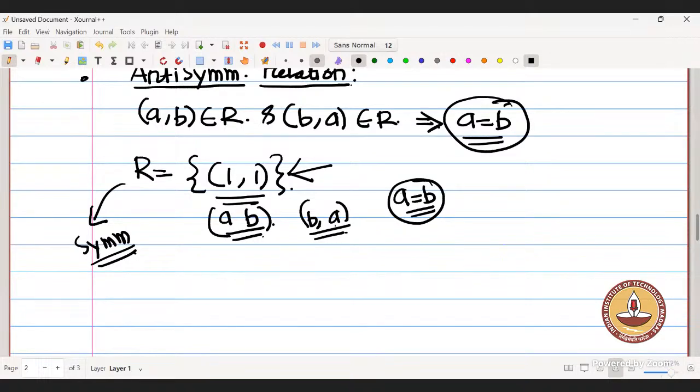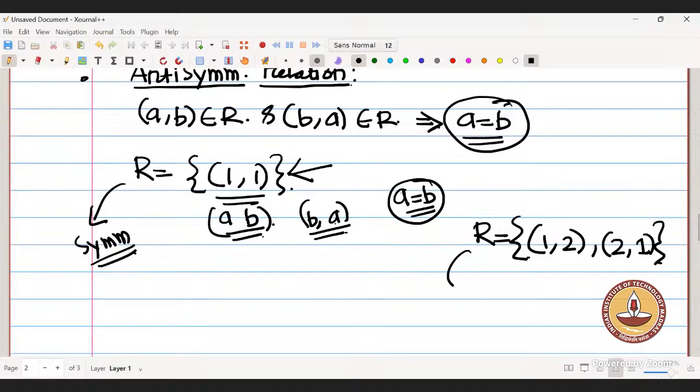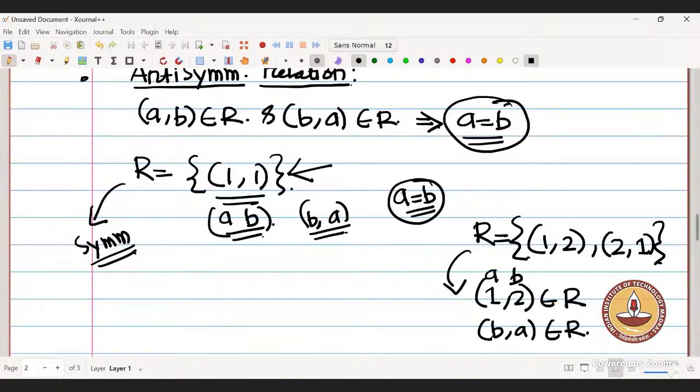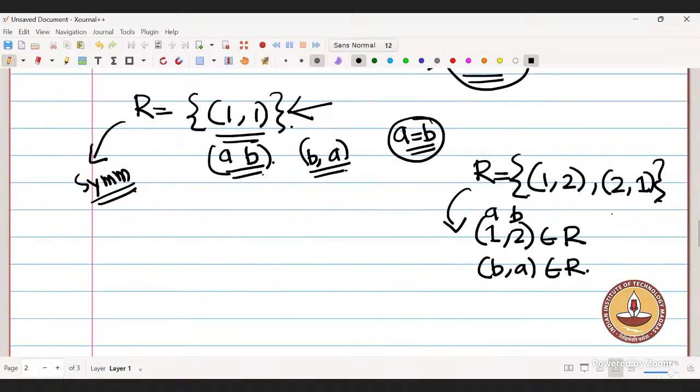For example, if I take this relation {(1, 2), (2, 1)}, this relation is not anti-symmetric, because (1, 2) is in R as (a, b), and (b, a) is in R, but a is not equal to b, because 1 is certainly not equal to 2.